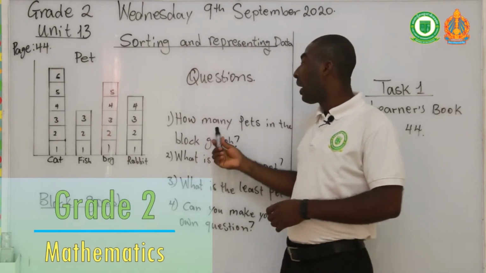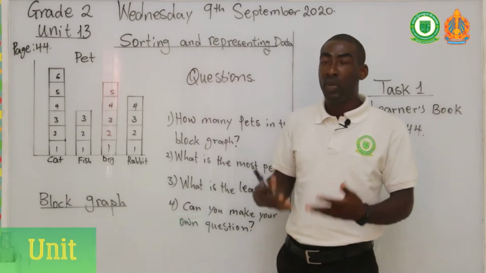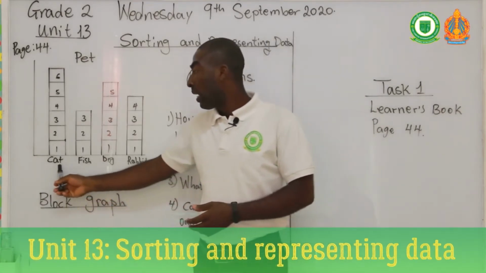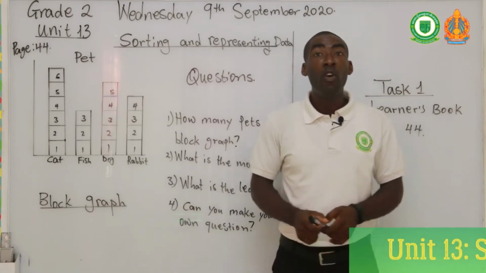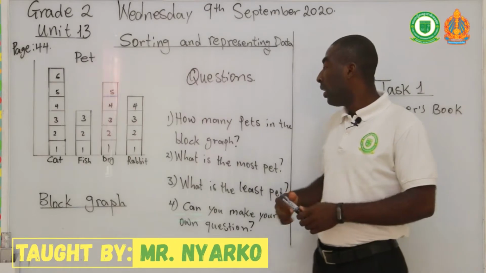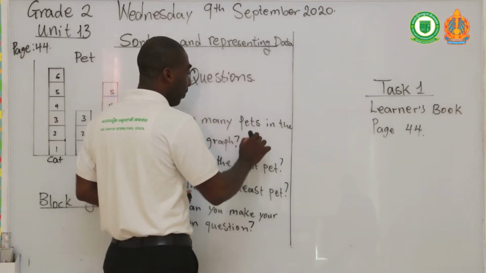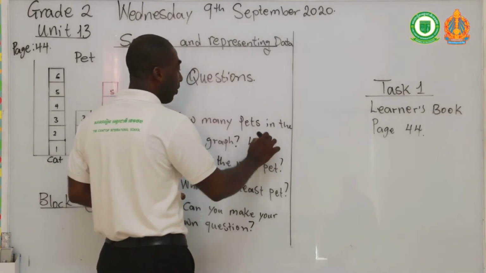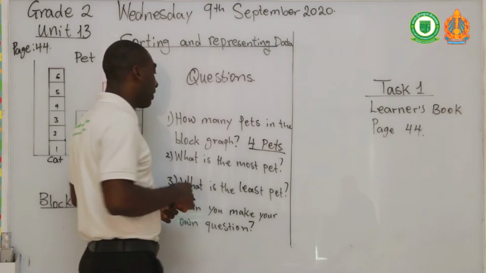No. How many pets means how many kinds of pets are we dealing with? So we have cats, fish, dog, and rabbit. That means we have 4 pets that we are dealing with over here, okay? So we write 4. So 4 pets will be our answer.